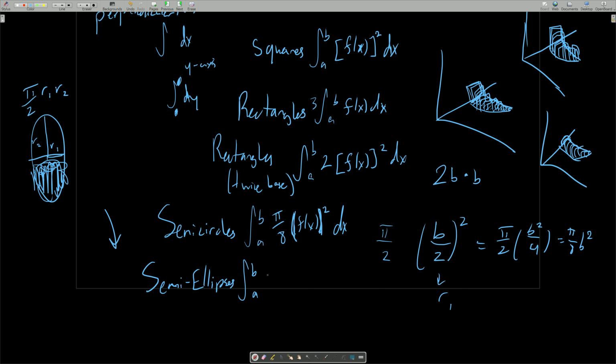So I'll write out pi over 2 times the height, whatever it gives you.